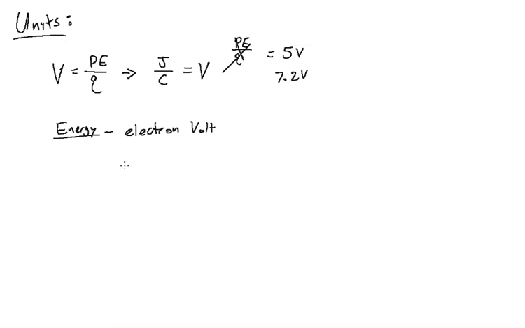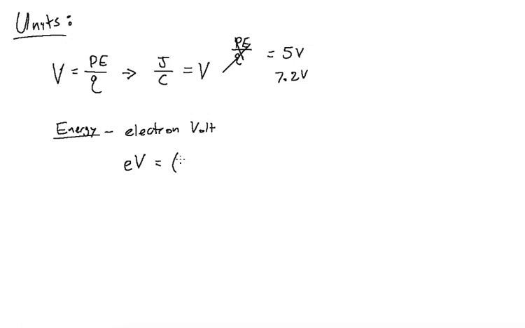If you think about it, a volt is an energy per charge, and so what we can literally do is write the charge of an electron times 1 volt, and that's 1 electron volt. It's an eV. If you see this unit, it's very easy to convert to joules because it literally means elementary charge times 1 volt.